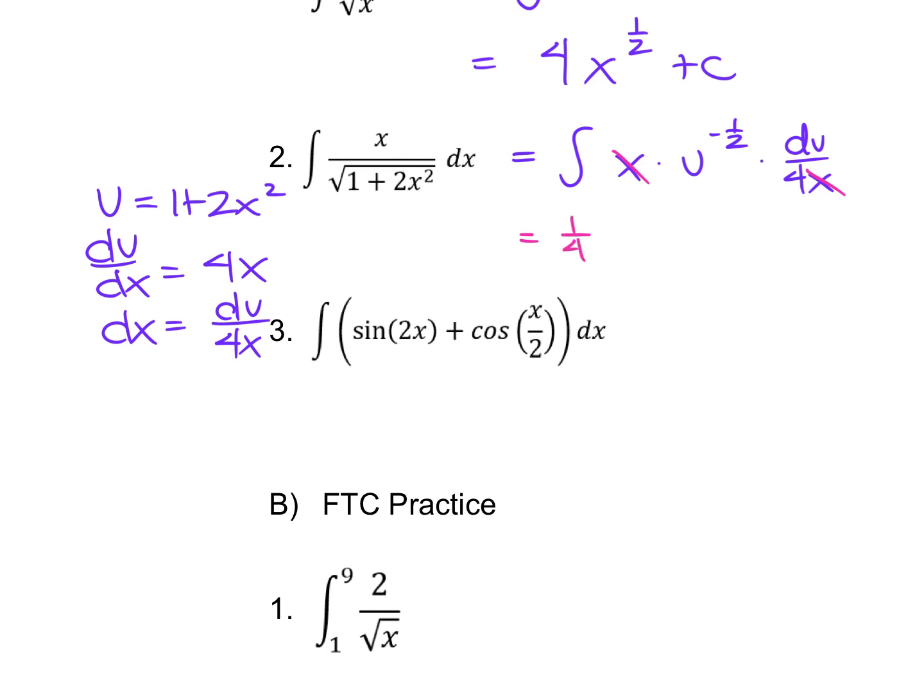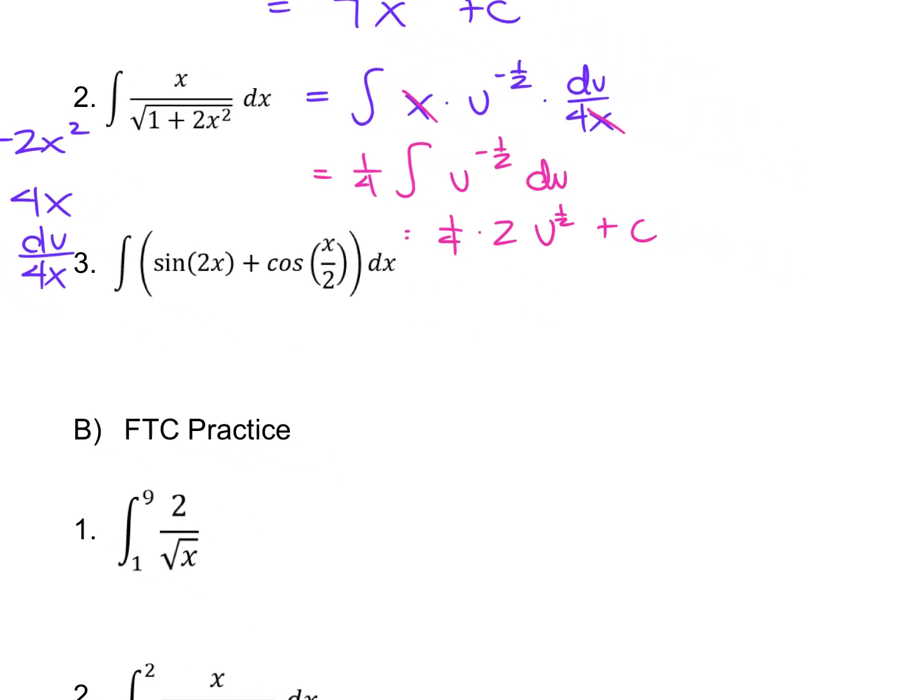So if I take my 1/4 out, and I integrate my u to the negative 1/2 du, I'm going to get 1/4 times, what's the integral of u to the negative 1/2? So it goes u to the 1/2, and what goes out front? 2. Plus what?